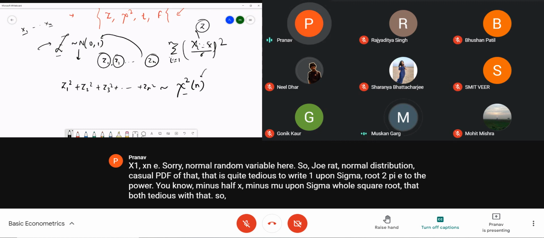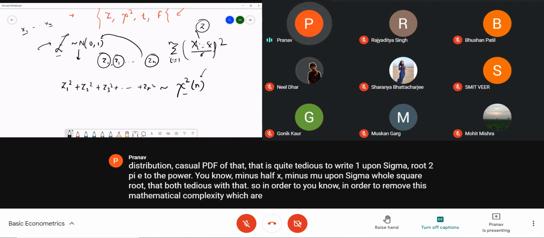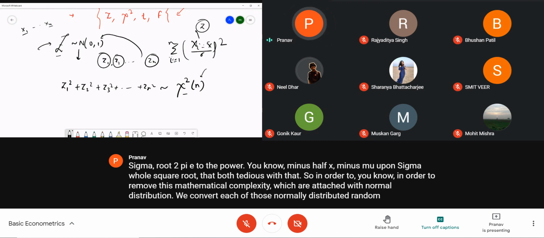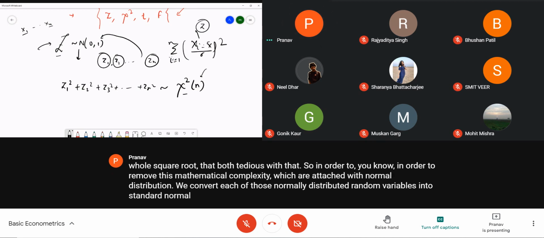So in order to remove this mathematical complexity which is attached with normal distribution, we convert each of those normally distributed random variables into standard normal variate.